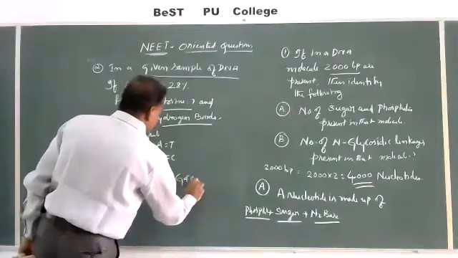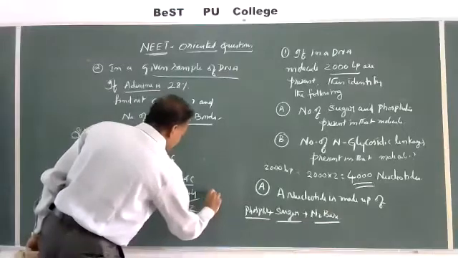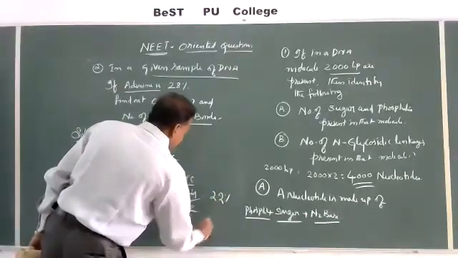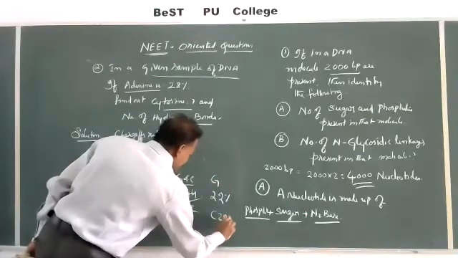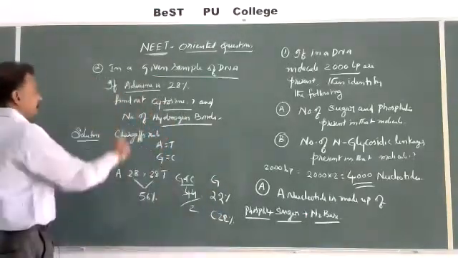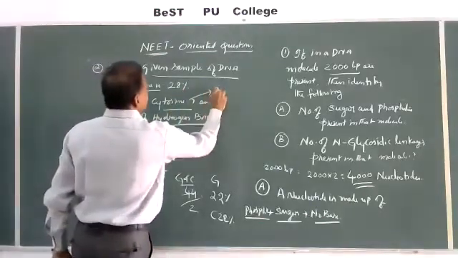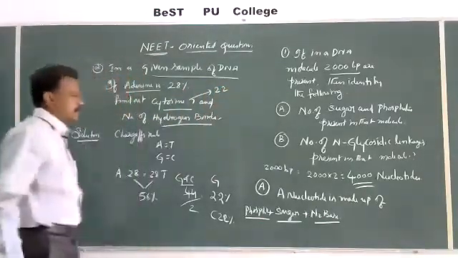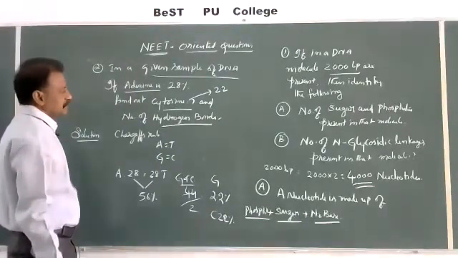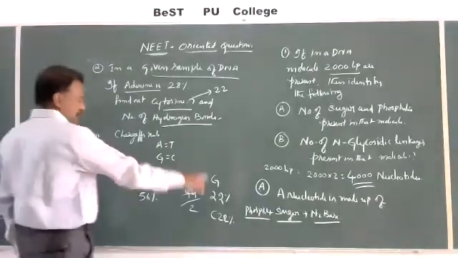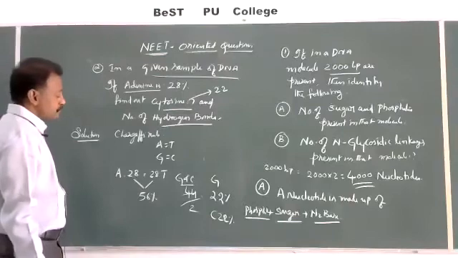GC should be 44 by 2. Guanine 22, cytosine 22. So cytosine is 22, guanine is 22.